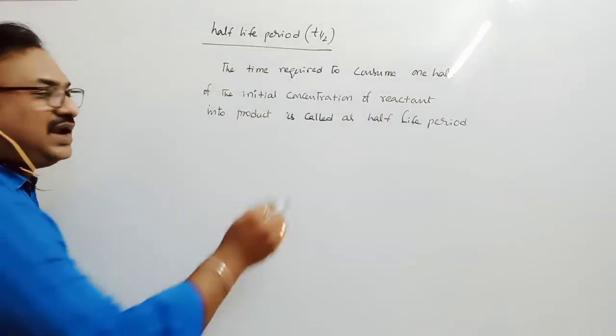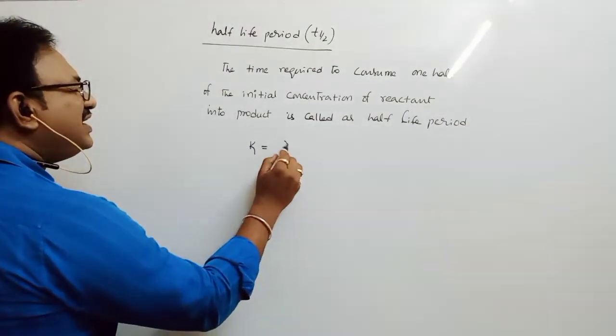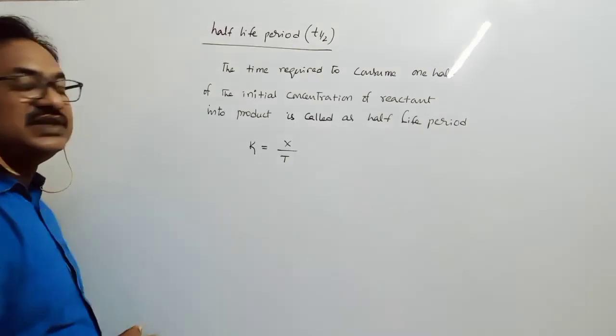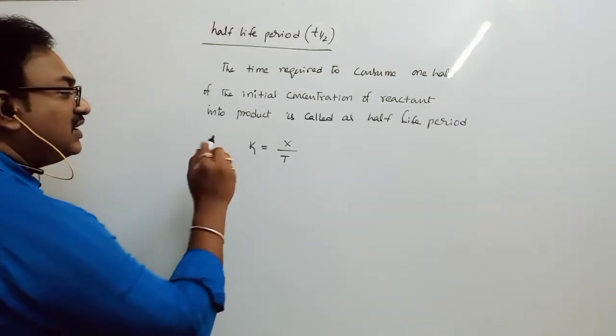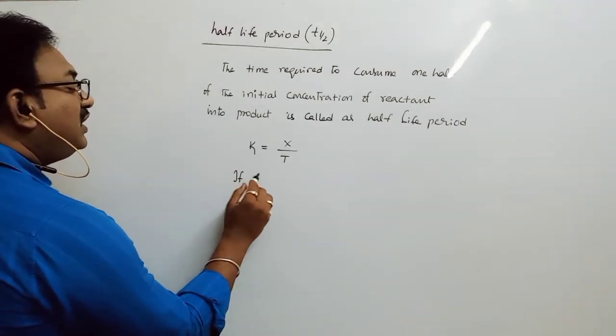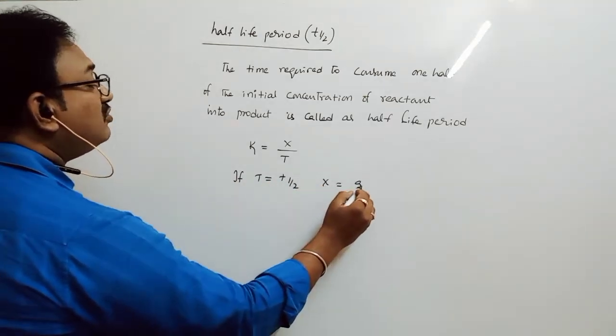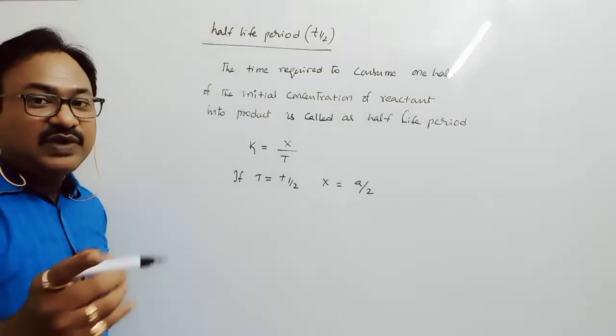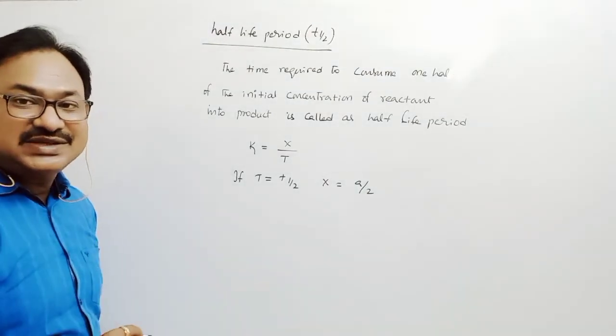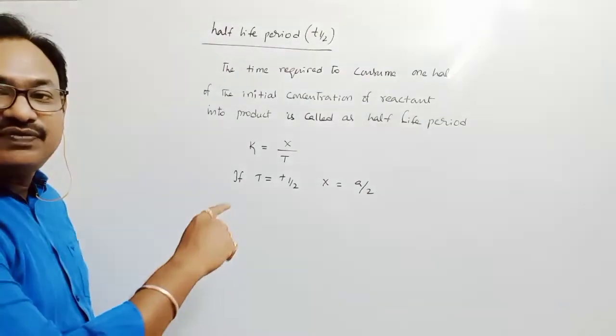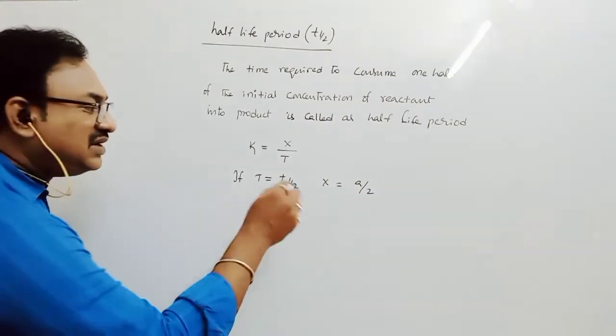Right. Now, what is the integrated equation you got? k is equal to x by t. If t is equal to t half, then x will be a by 2, because we have taken the initial concentration as small a mole per liter. So if t is equal to t half, then x is equal to a by 2.